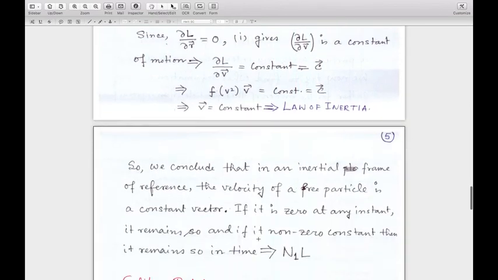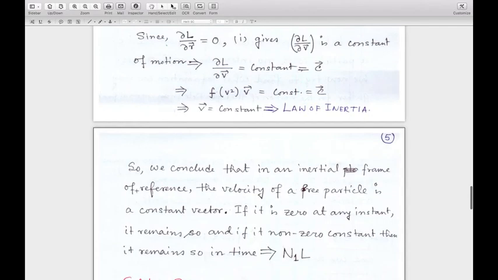Okay, so we conclude that in an inertial frame of reference, in our premise, the velocity of a free particle is a constant vector.